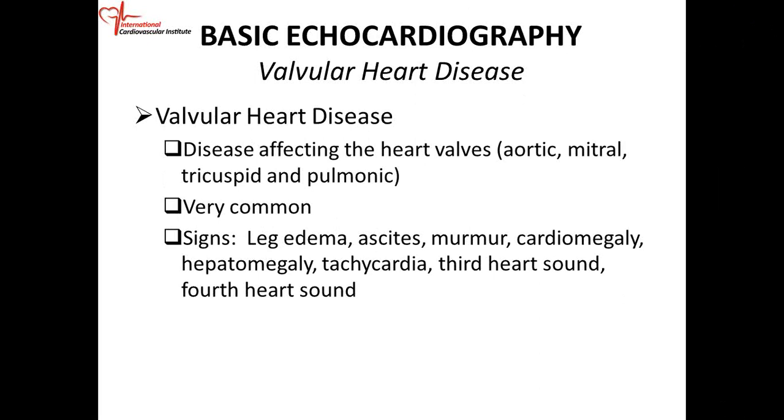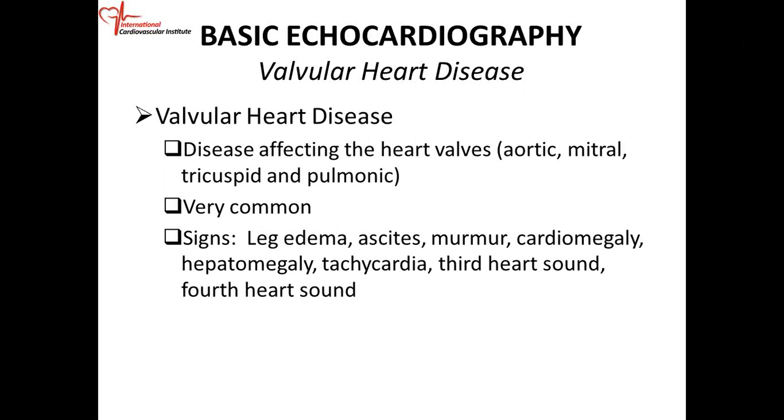Remember, the inferior vena cava passes through the liver, and the inferior vena cava gives off the hepatic vein. If you have blood backing up into the inferior vena cava, it's going to back up also into the hepatic vein, and it's going to cause the liver to be engorged with blood.